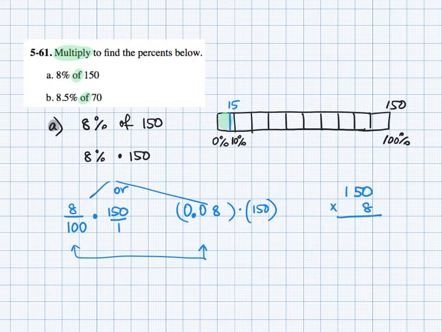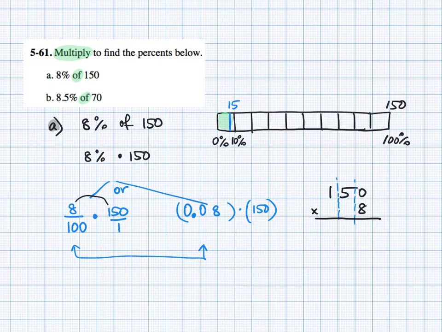When I multiply just the digits, I want to line up by the digit. Let me rewrite it to show you that each of those numbers has its own place, but I'm using 8, not 8%. So I'm just multiplying by 8, and then the decimal would come next.